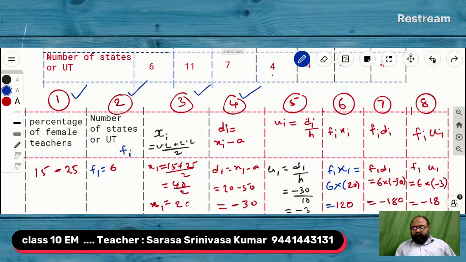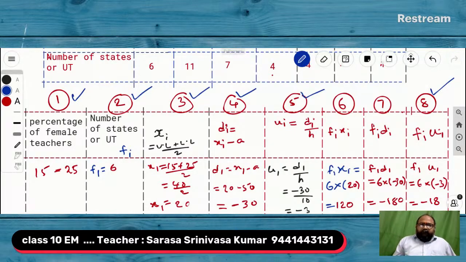If you want to find the arithmetic mean by the step deviation method, then we require the first, second, third, fourth, fifth, and eighth columns. We don't require the sixth and seventh columns for the step deviation method.